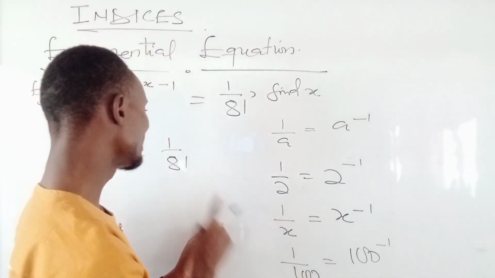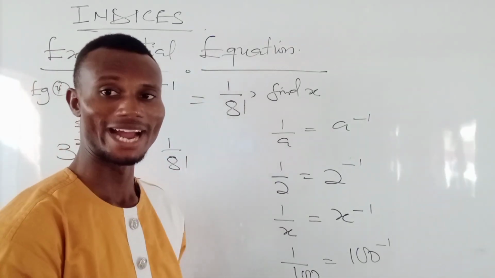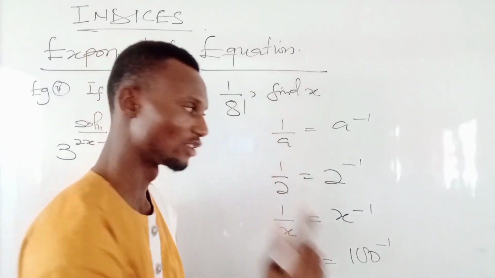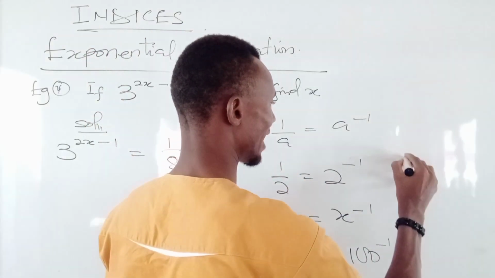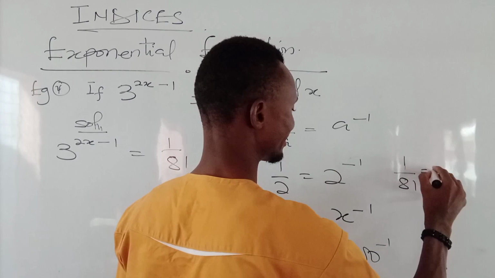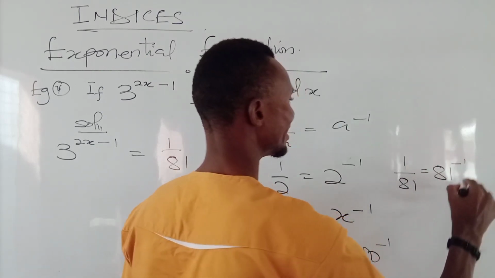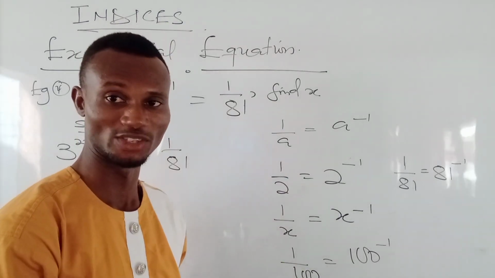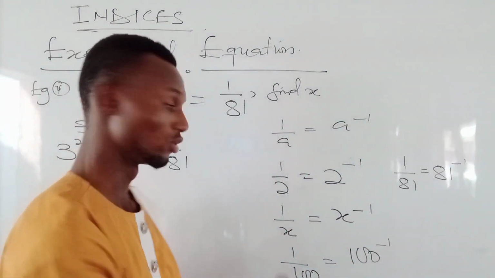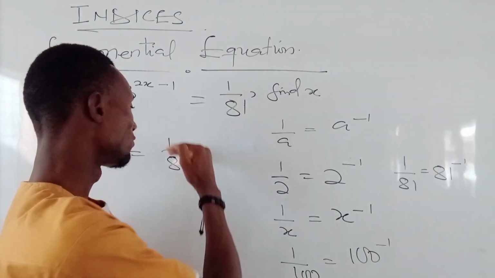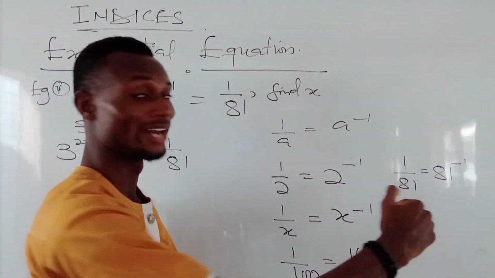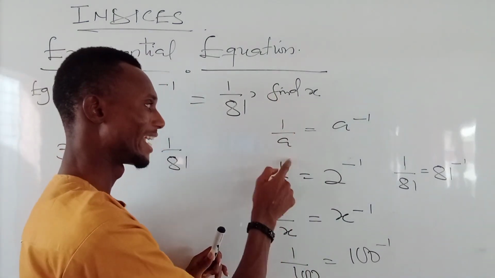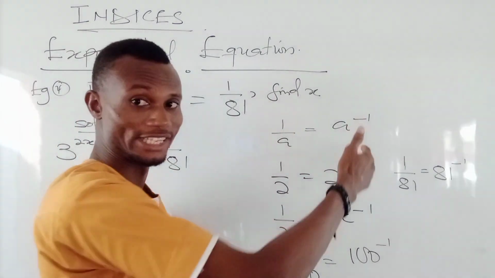Having 1 over 81, I can write it as 81 to the power negative 1. I hope you understand it. So that is what you are going to do, to write this 1 over 81 as 81 to the power negative 1, because I've explained that having 1 over a, it can be written as a to the power negative 1.